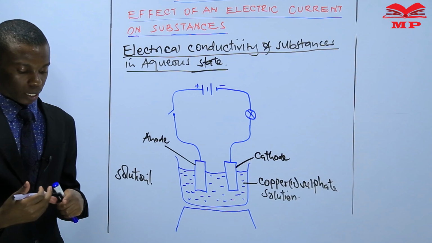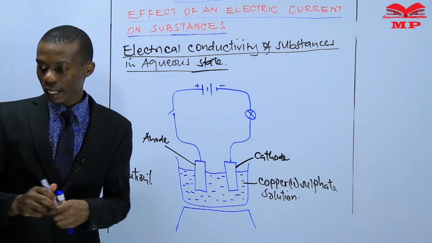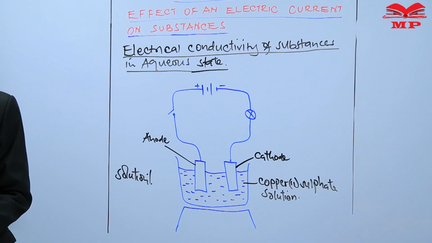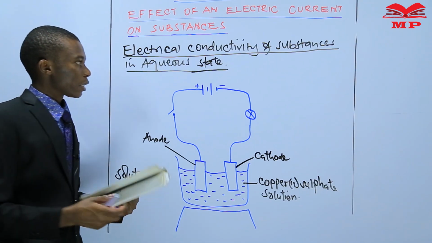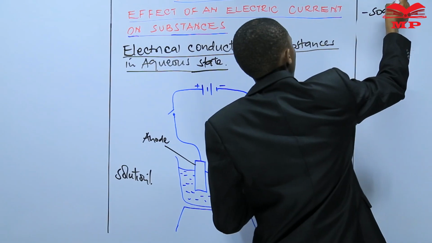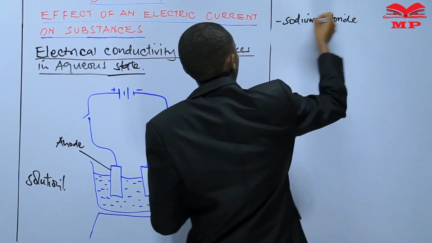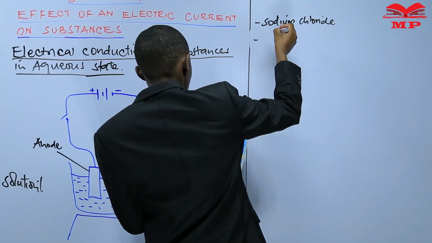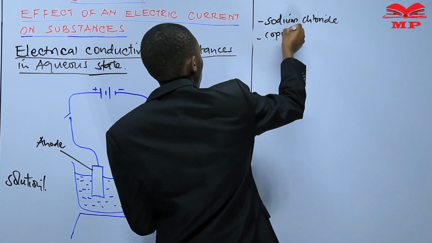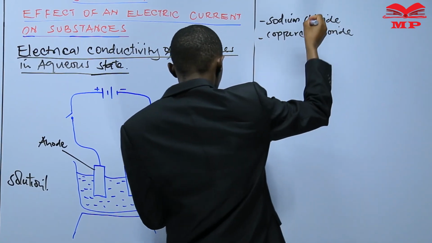In this case, we are having copper 2 sulfate, but other substances which can be tested include sodium chloride, copper 2 chloride.